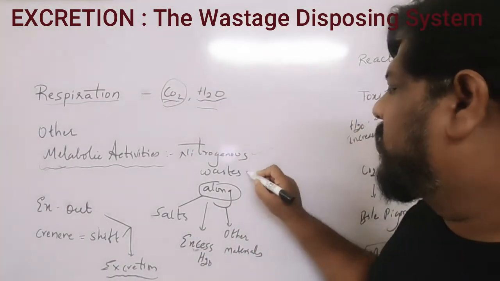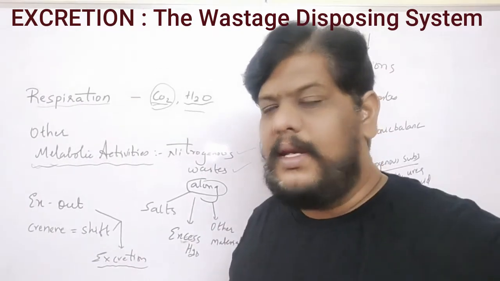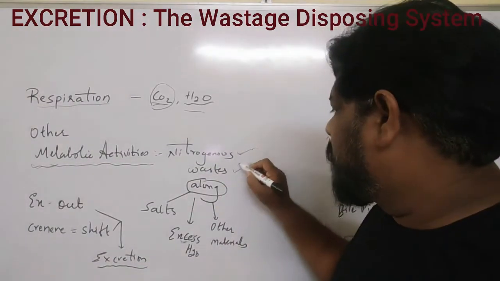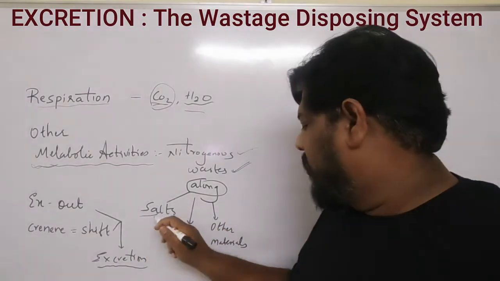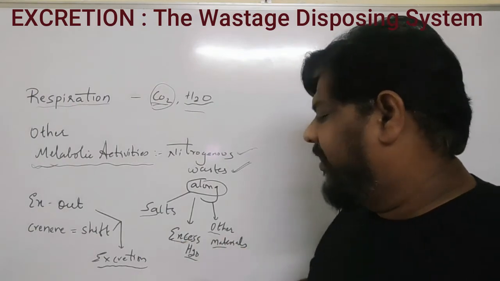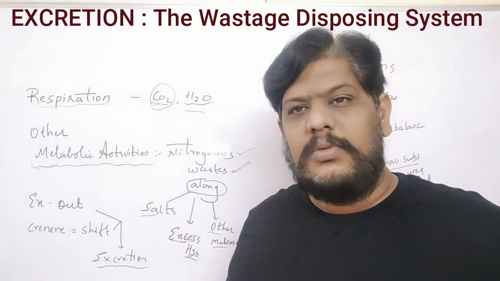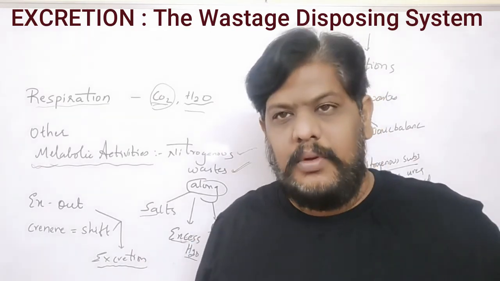A number of nitrogenous wastes are released. All these nitrogenous wastes are released along with some salts and some other materials, and also excess amount of H2O. These are all the things which are not useful to our body, which are unwanted by our body, right?